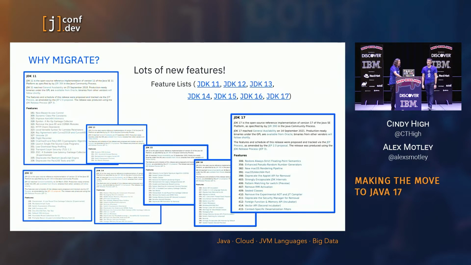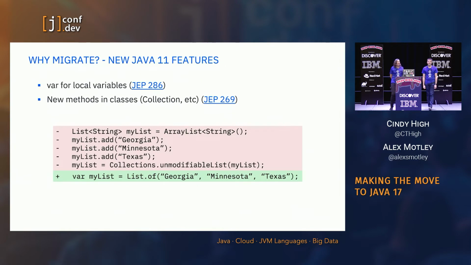There's lots of new interesting features in the coding practice. Some of them we'll highlight here just to make your code easier to read and more structured. The introduction of var for local variables: local variables that are initialized get automatically typed to what they need to be.